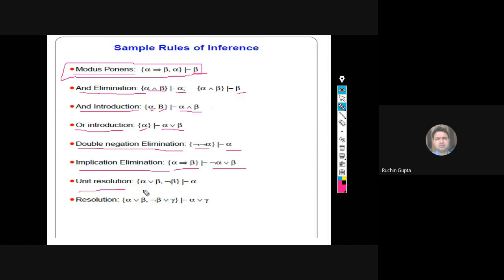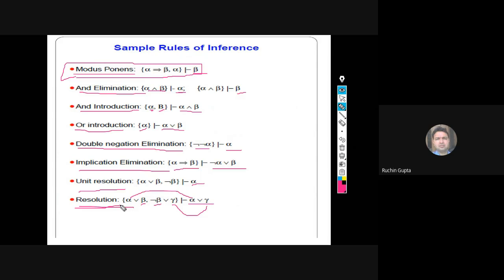If alpha or beta is true and negation of beta is true, it means that alpha is true. Then we have the resolution rule. If alpha or beta is true and negation of beta or gamma is true, then alpha or gamma will be true. In this case, beta and negation of beta are removed, and we have only alpha and only gamma. That is called the resolution rule.